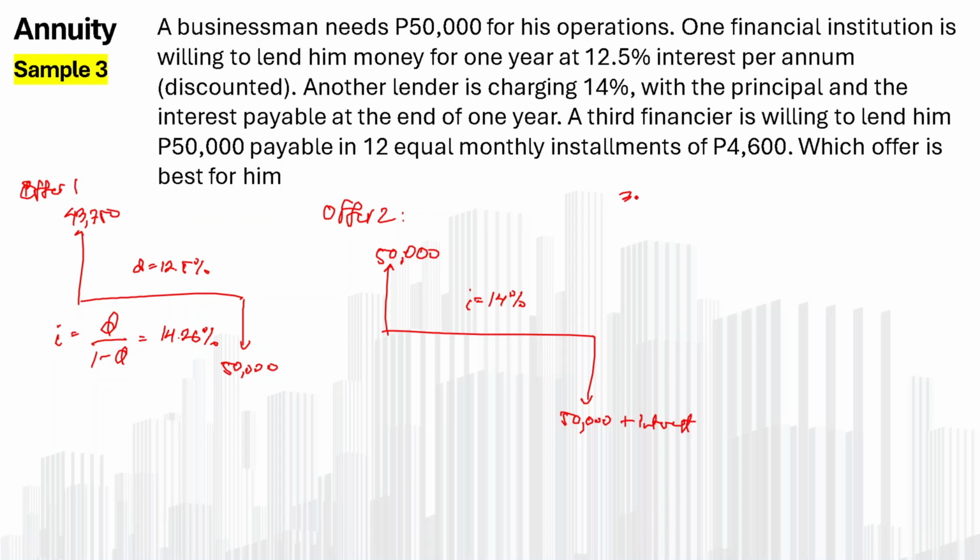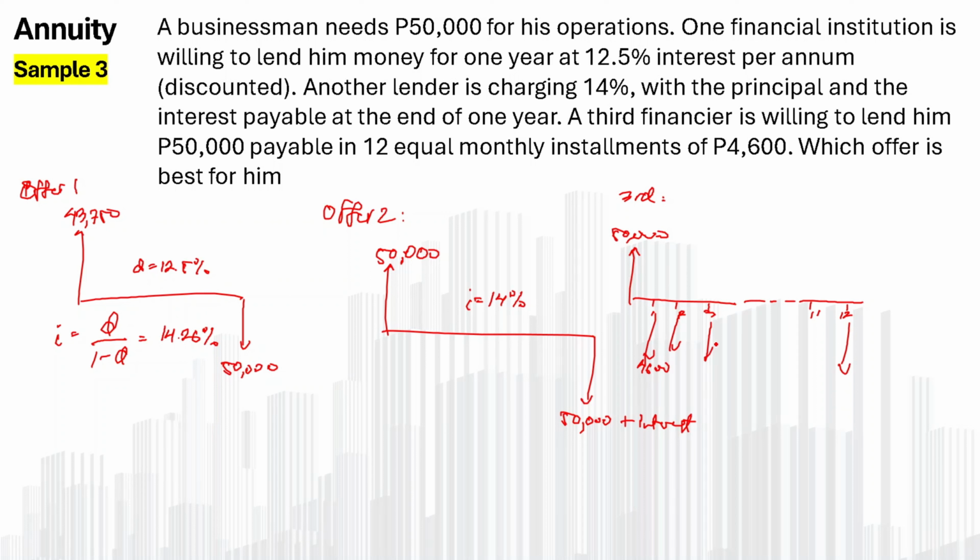The third offer is slightly different because this one is an annuity. Here, 12 equal payments. So you have 1, 2, 3, up to 11. By the 12th, you have to pay him, so 50,000 payable in 12 equal monthly payments of 4,600.